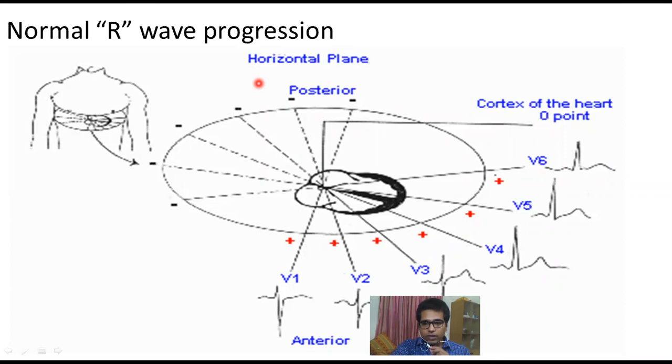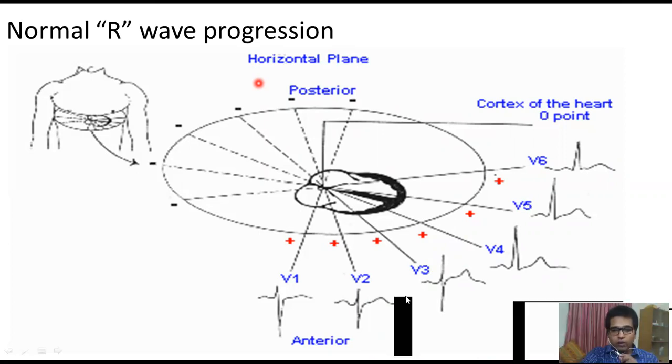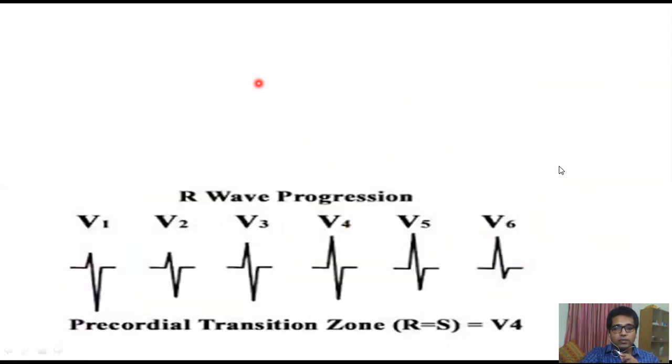Here you can see the normal progression of the R wave as the cardiac vector moves from right to leftward. Gradually the height of the R wave increases. So this is called normal R wave progression.